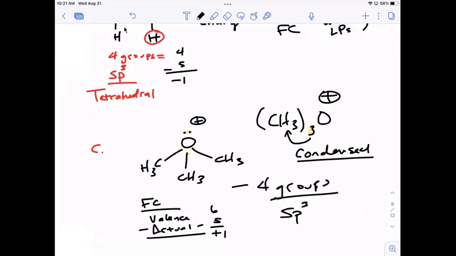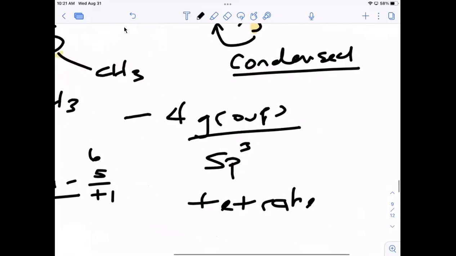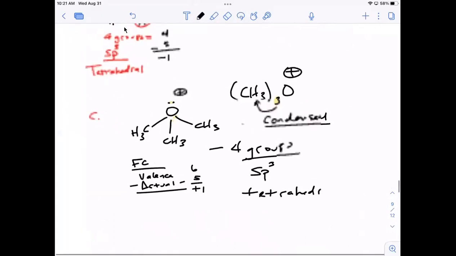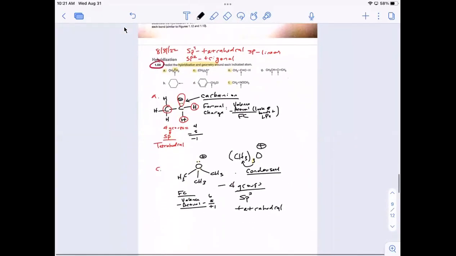SP3. What's the geometry? Tetrahedral. Good. Anytime it's SP3 hybridized, the geometry is going to be tetrahedral. All right. Let's look at E.